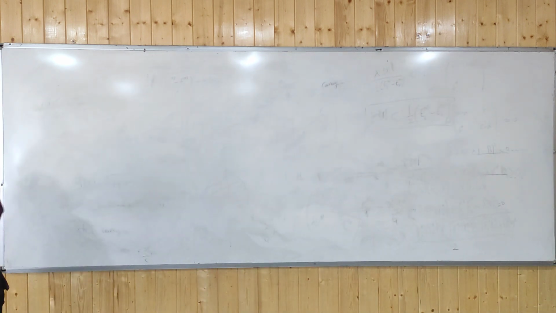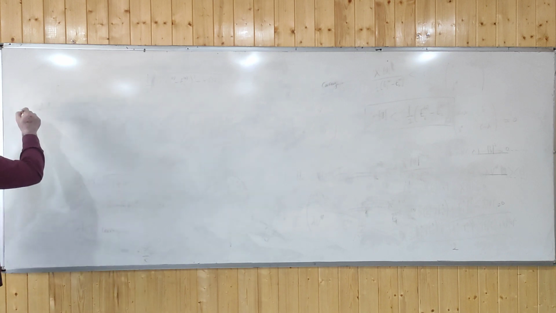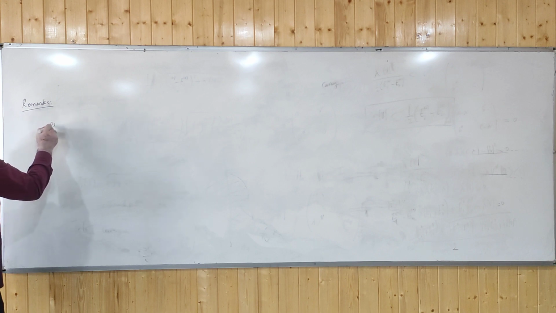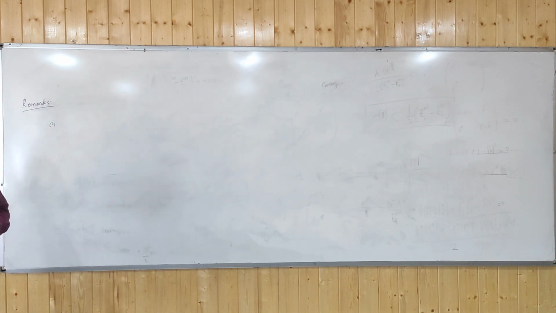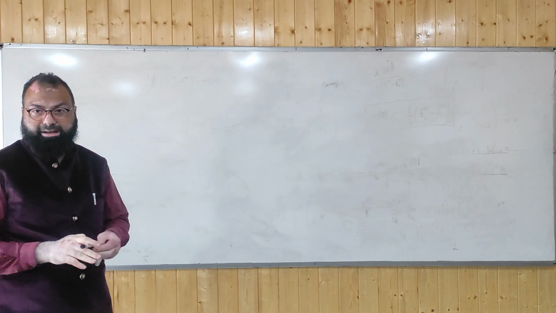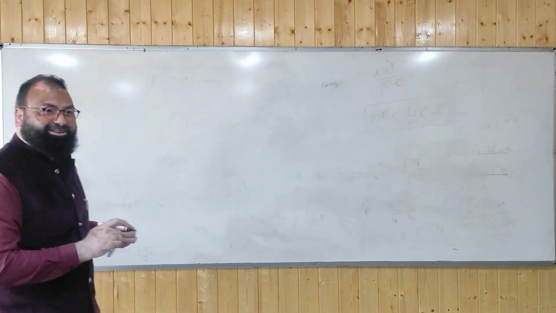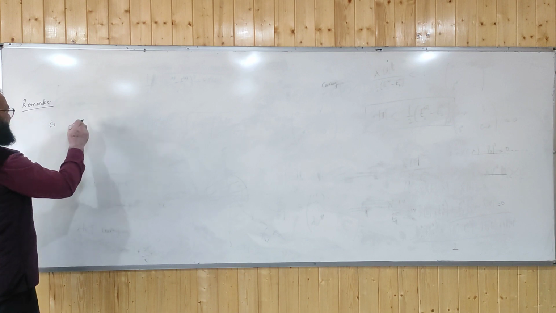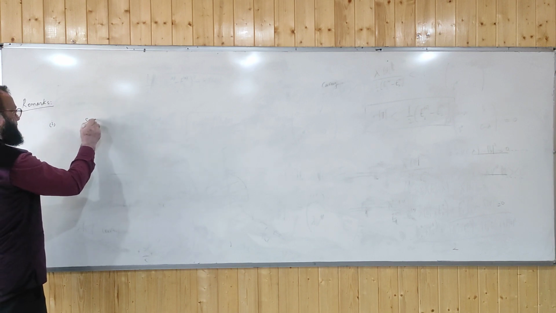So let's have remarks on this perturbation failure. The first remark: when you are having degeneracy, it is not valid. So what is your second order correction to the energy?